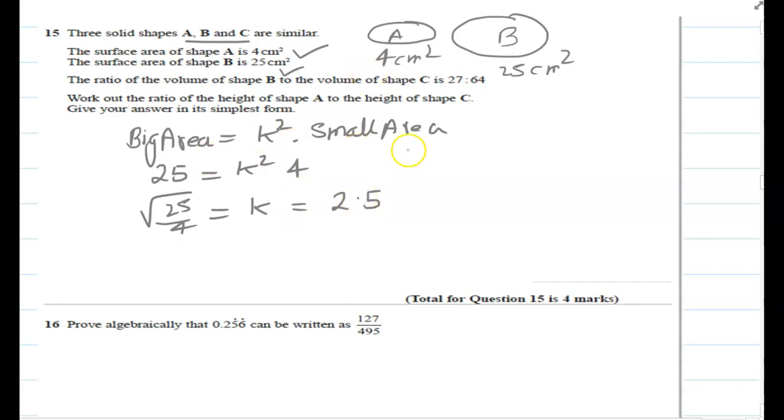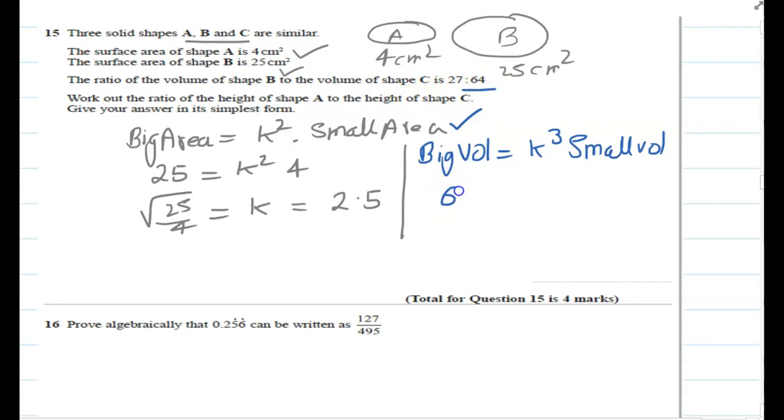So similarly for big volume, we can write the same formula using this. Big volume equals K cubed times the small volume. We need to find the big volume, it is given here 64, and here the scale factor we need to find, K cubed, and it is 27.